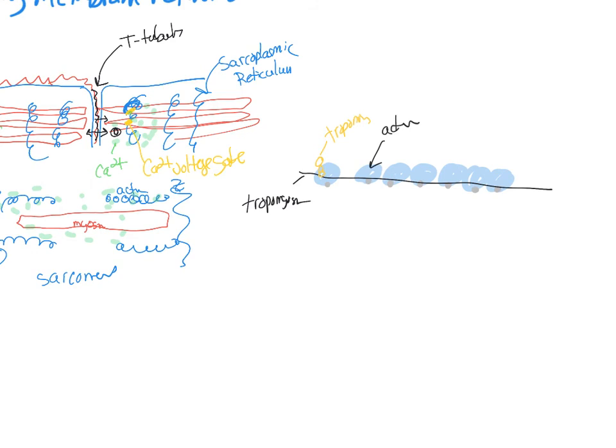Okay, I want to get one of these heads on. All right, and remember they have an ADP and a P molecule on it. I want to get that to attach to this. So the calcium is going to come over here, and it's going to change the shape of the troponin and tropomyosin so that they move, exposing the actin right there.